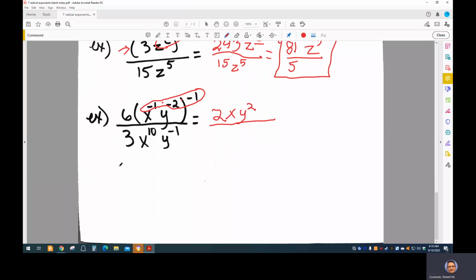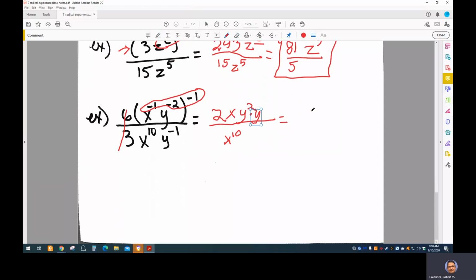Now we can tackle the rest of this because we took care of these. Maybe you're looking at this and saying, ooh, this isn't supposed to be here. I need to send this upstairs. Okay, so do it, because we're trying to get rid of that negative exponent. Well, now I have multiplication going on up here.